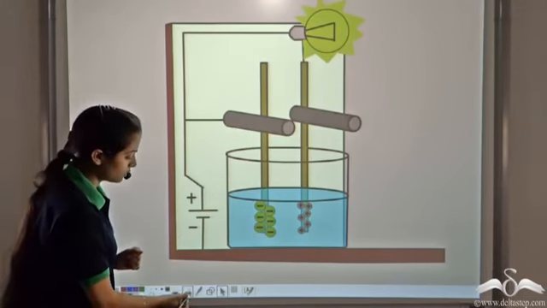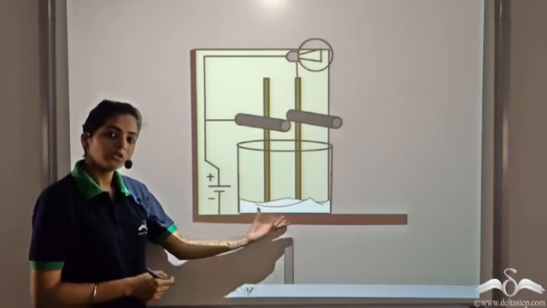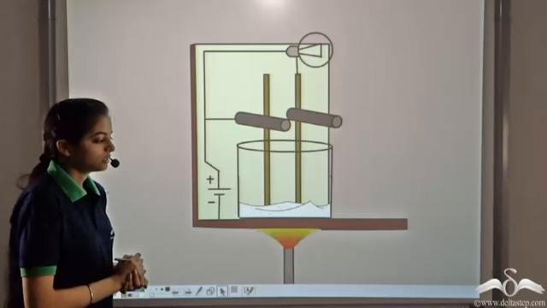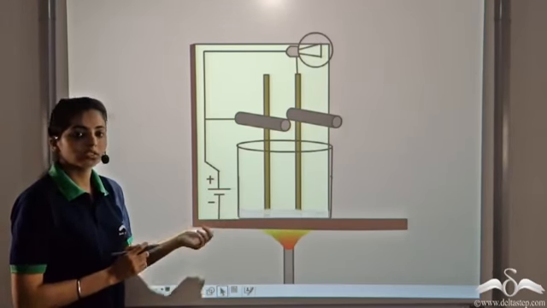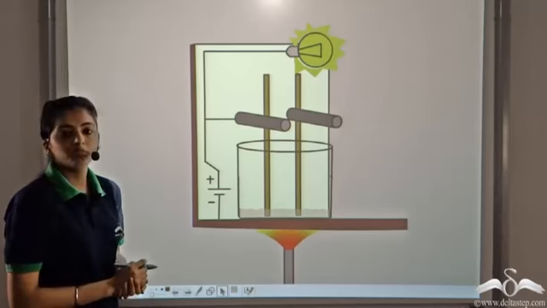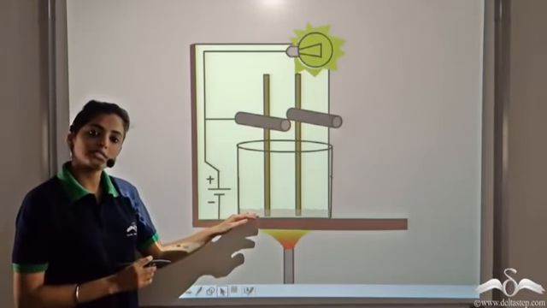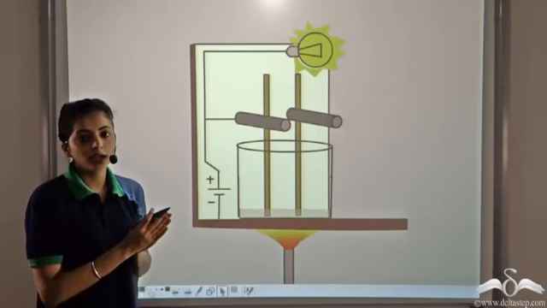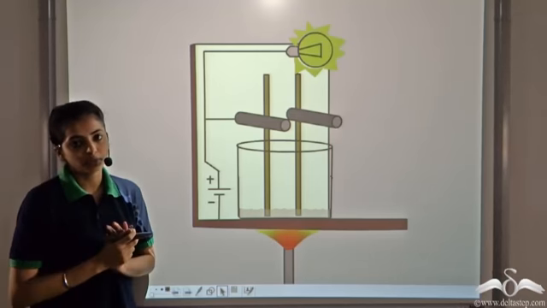Even in case of molten NaCl, we have solid NaCl, and when we heat solid sodium chloride, we see that it changes into the molten state and the bulb glows again. This shows that molten sodium chloride also conducts electricity. Why is that so? Because in molten sodium chloride, again the sodium ions and chloride ions separate out.